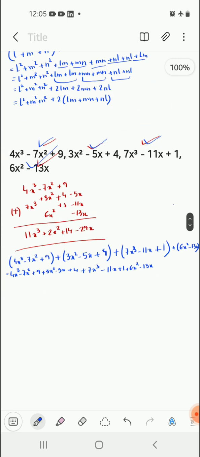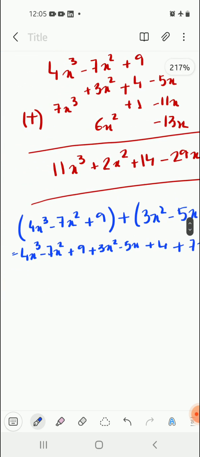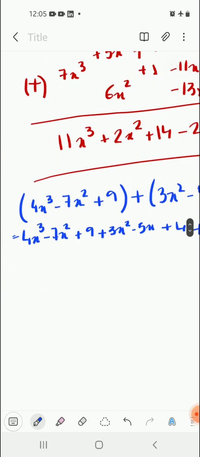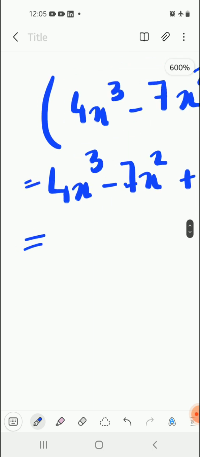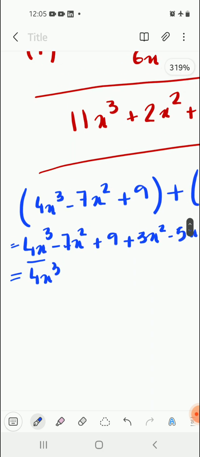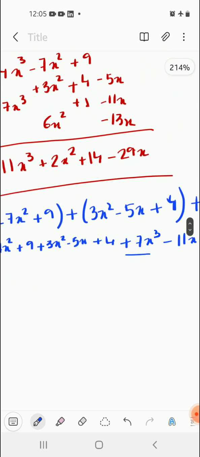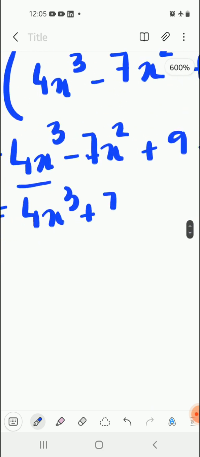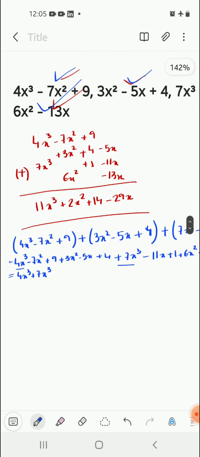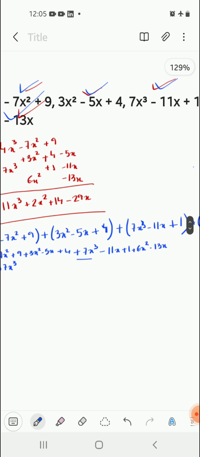We're done with it. After this, we're going to pick all the like terms and place them one after the other. The first one we have got is 4x cubed. So we have to pick another x cubed, which is here, plus 7x cubed. Place it just after this. After this, there are no other x cubes.